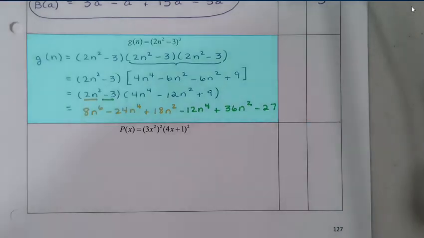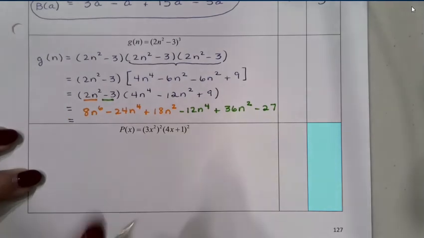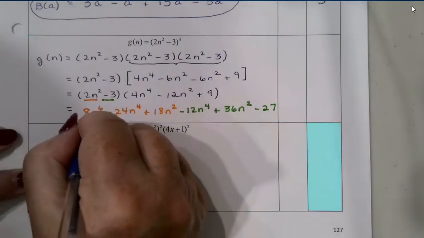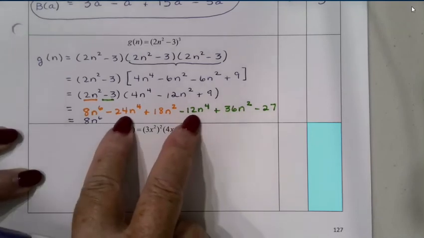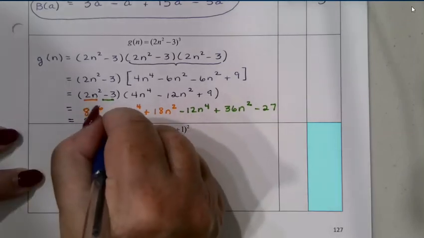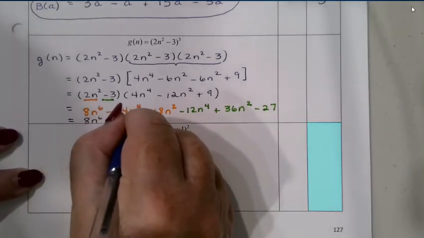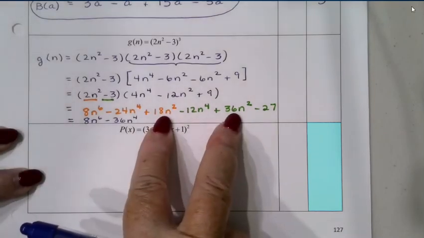All right, I probably should have written a little smaller, but we're going to squeeze this in down here. 8n to the 6th, that's going to be my highest degree term. Combining the n to the 4th terms, I've got negative 36n to the 4th. And combining the n squared terms looks like a positive 54n squared.